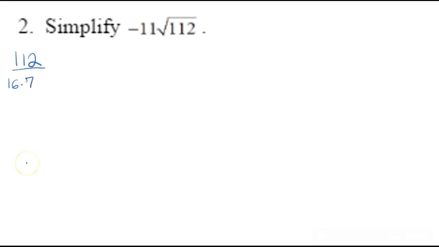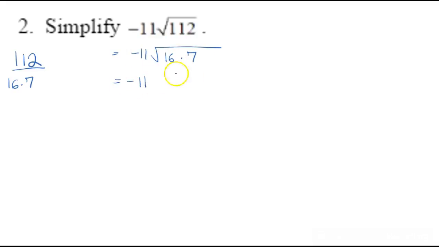It's okay if it takes you a little bit of time to go through this and you're typing it in your calculator. I know that 16 is a perfect square and 7 can't be simplified any further. So I'm going to break that apart, and write it as, instead of the square root of 112, the square root of 16 times 7. You're not changing what it is, you're just changing what it looks like.